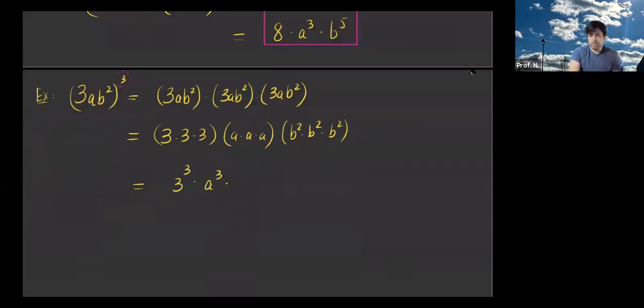And what's b squared times b squared times b squared? Isn't this b squared cubed? And what's 3 cubed? 27. a cubed. And what's b squared, parentheses, cubed? What do you do when you have a power raised to a power? You multiply the powers, so you get b to the 6. So this is my result.